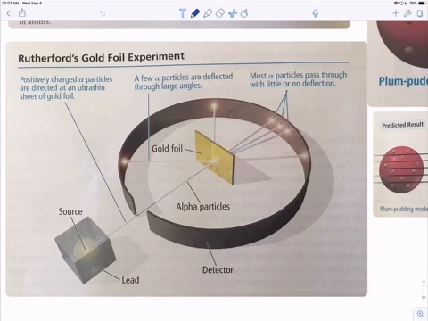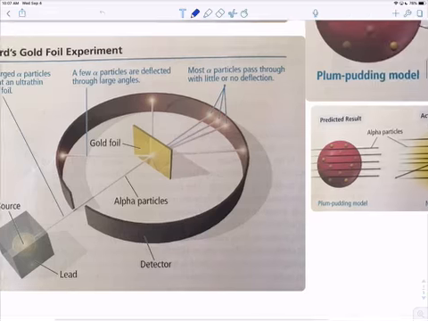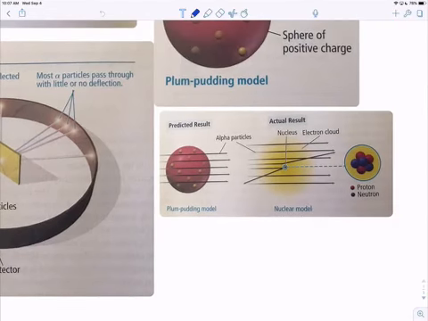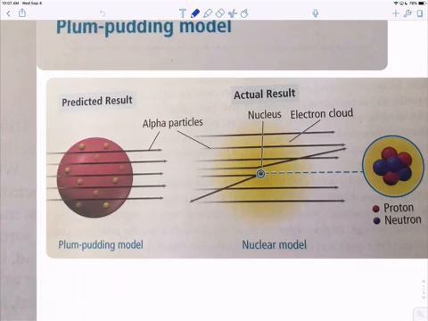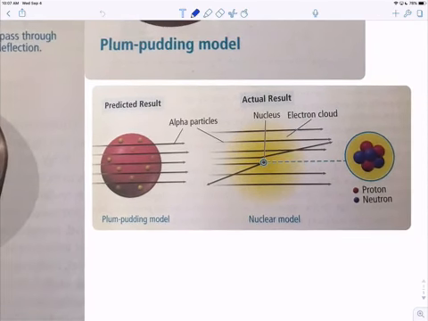And Rutherford was thinking, maybe that data is right. And this is what he was hoping to see, that the plum pudding model would go right through. But he thought, maybe instead of the plum pudding model being correct, instead of this really big, diffuse positive charge, what if we had a very heavy positive charge in the middle of the atom?